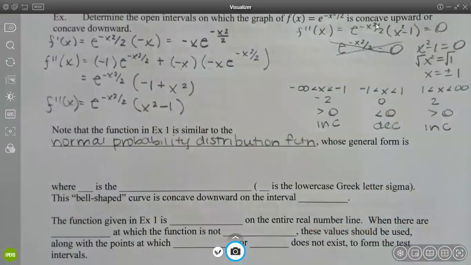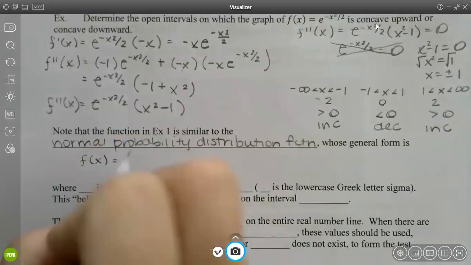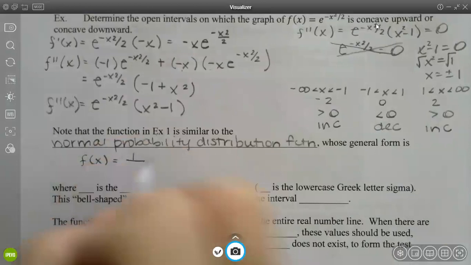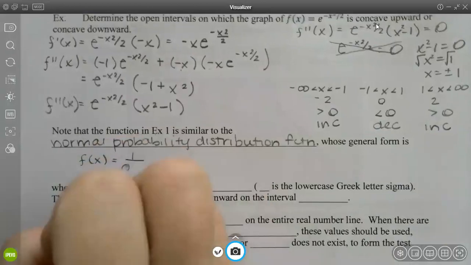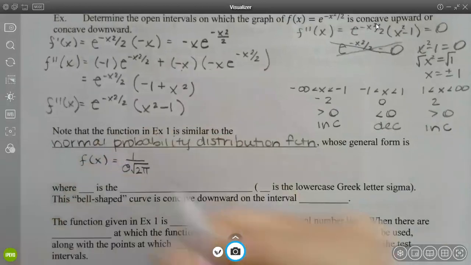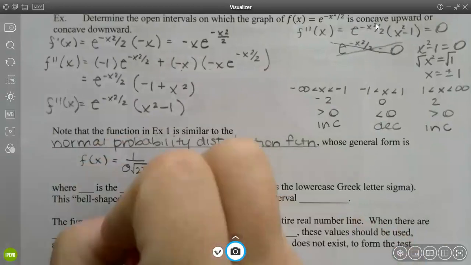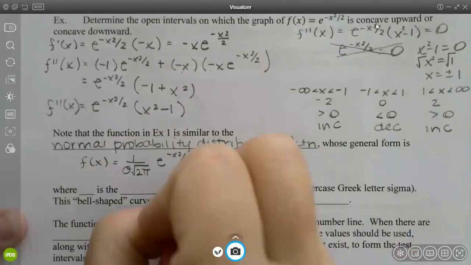And you probably don't have any clue what that is. Have y'all ever heard of that? Whose general form is f of x equals 1 over sigma square root 2 pi, e to the negative x squared over 2 sigma squared.